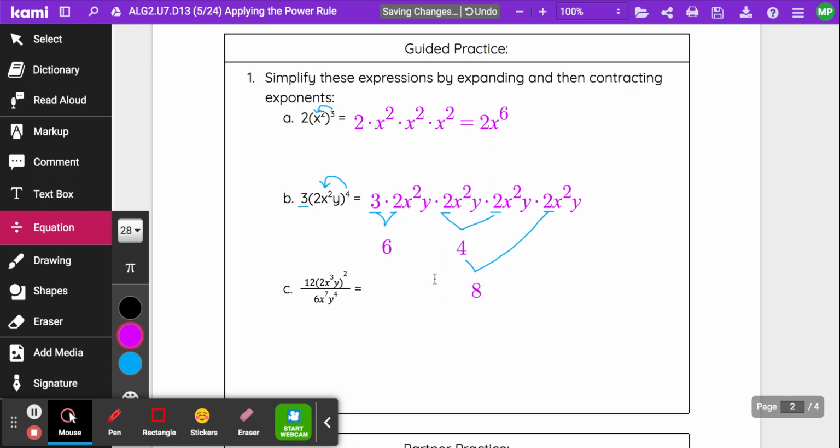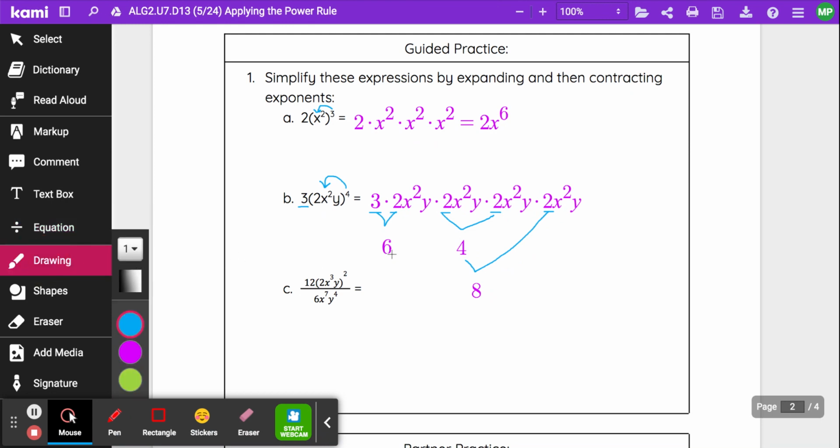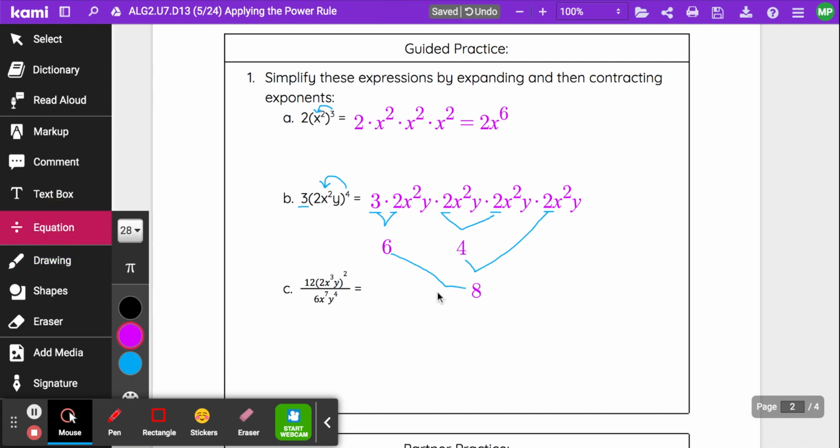Try not to do that if you don't have to. Is 8, and ooh, what haven't we used now? We haven't used 6 and 8. Okay, 6 times 8. Check your multiplication tables if you need to. 6 times 8 is 48. So this is going to give me a coefficient of 48.